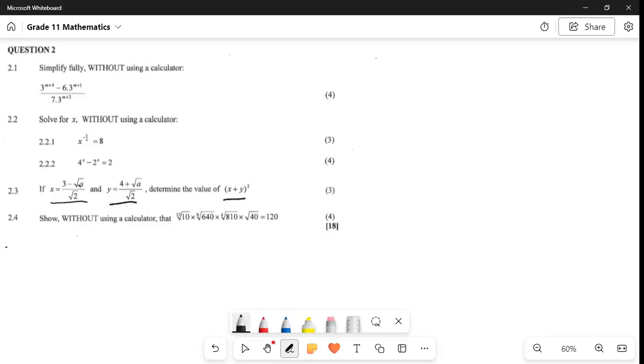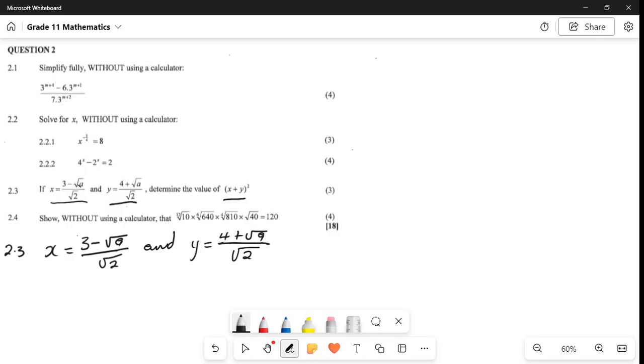We've got 2.3. They say if x is equal to 3 minus square root of a over square root of 2, and y is equated to 4 plus square root of a over square root of 2.